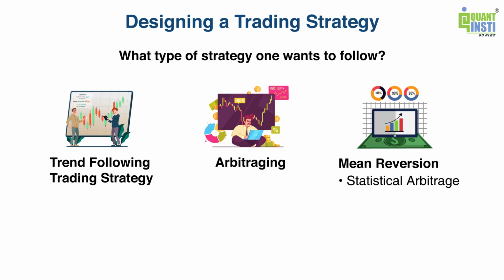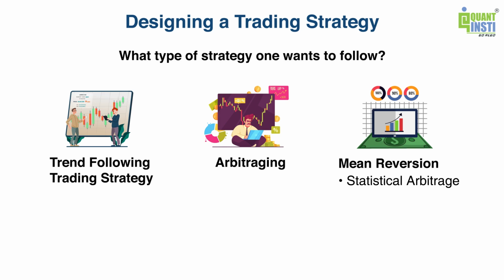So if Infosys moves quite away from TCS, then probably you can have statistical evidence where you can go and trade and make money out of these two stocks. You go long on Infy or you go short on TCS, and vis-a-vis you create a strategy.